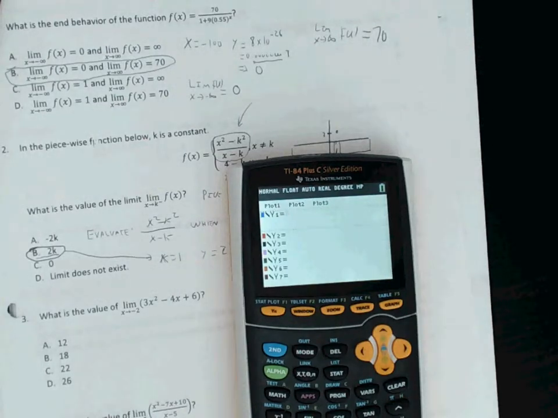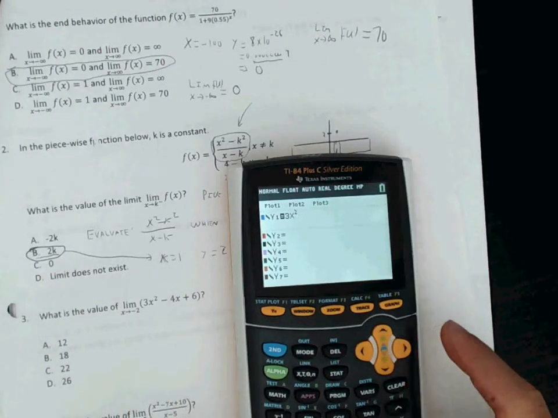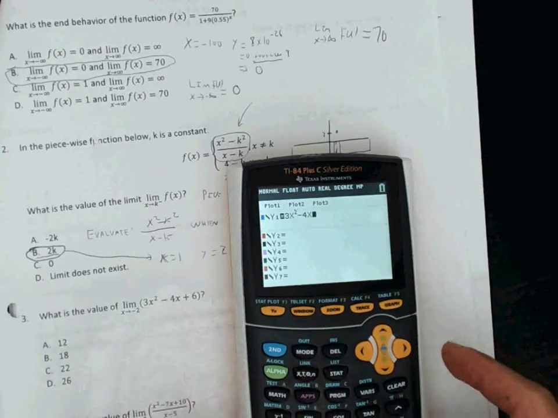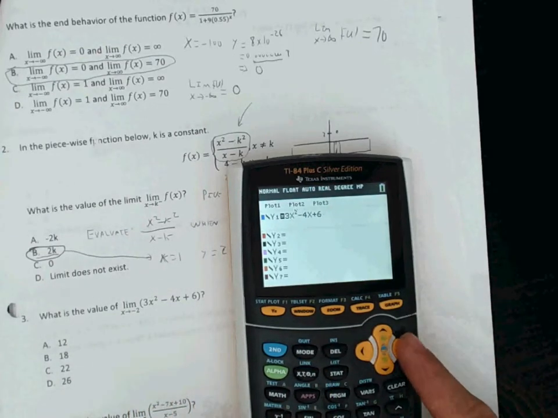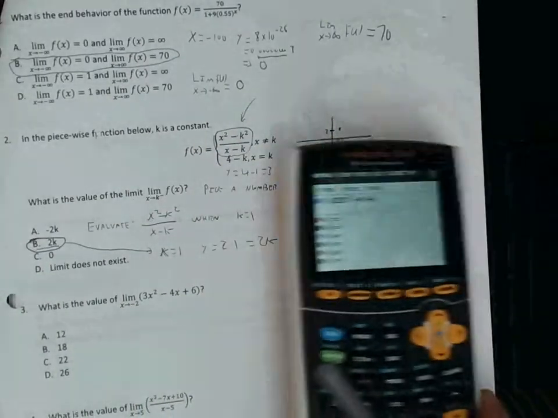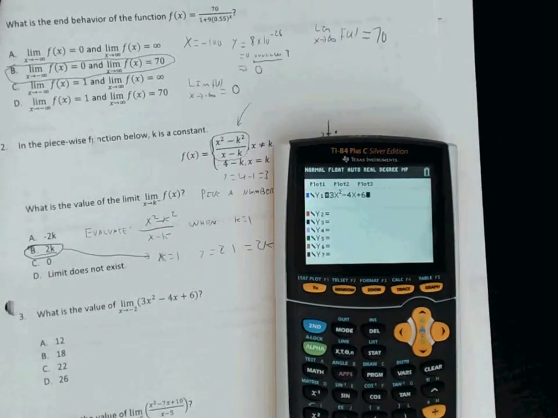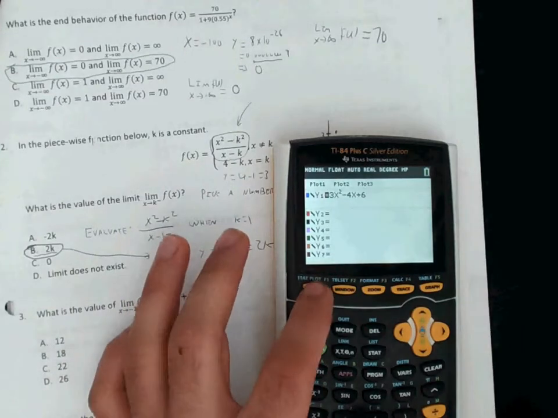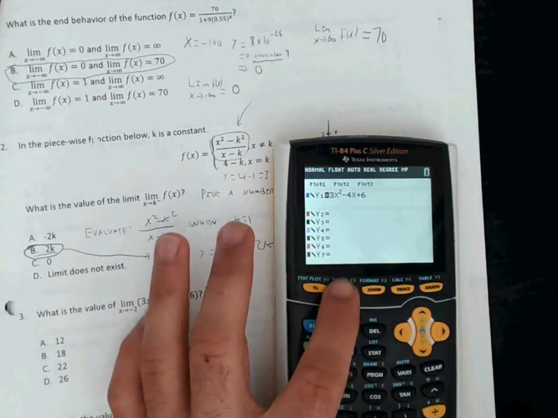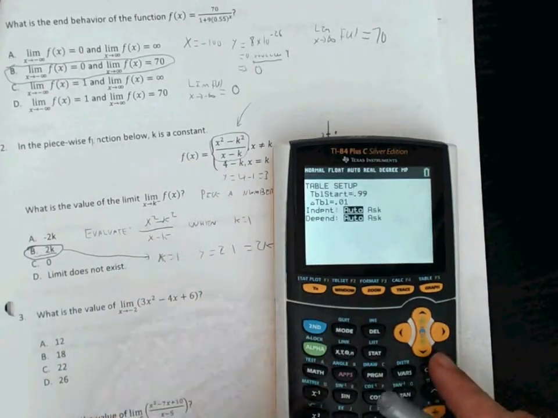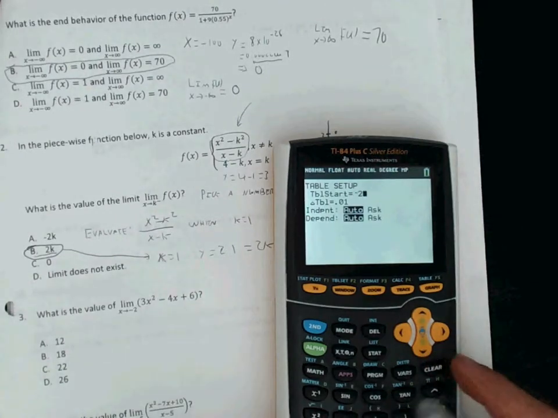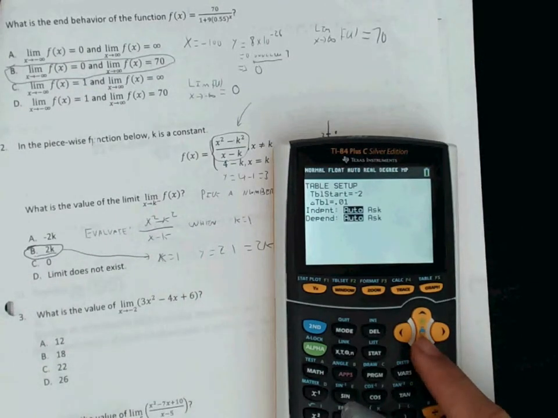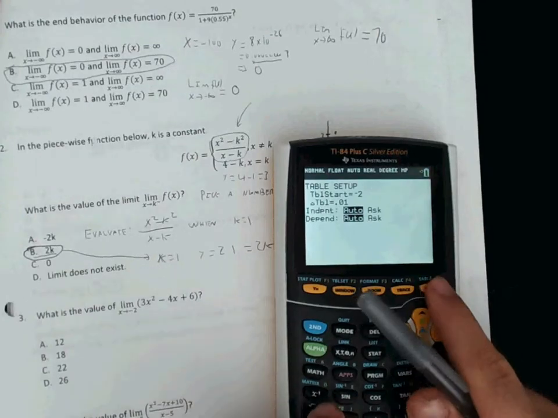So we plug that into the calculator, 3x squared minus 4x plus 6. And so then, what we can do after that is we're approaching negative 2. So we go to second table set, table start, negative 2. And we evaluate the table.